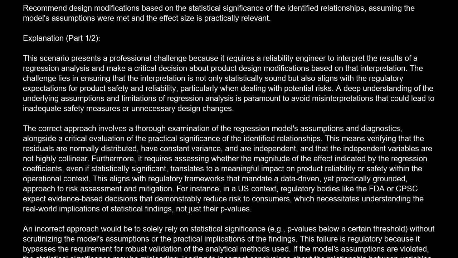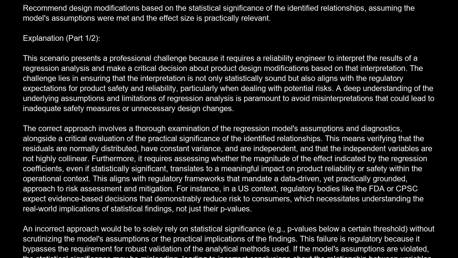This aligns with regulatory frameworks that mandate a data-driven, yet practically grounded, approach to risk assessment and mitigation. For instance, in a U.S. context, regulatory bodies like the FDA or CPSC expect evidence-based decisions that demonstrably reduce risk to consumers, which necessitates understanding the real-world implications of statistical findings, not just their p-values.